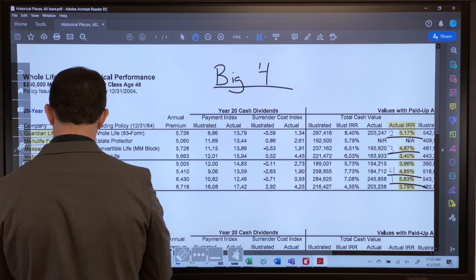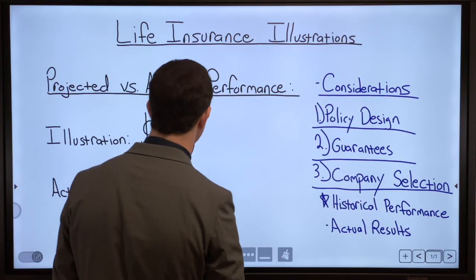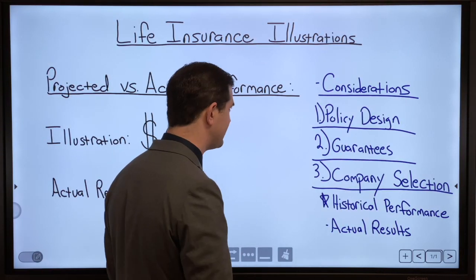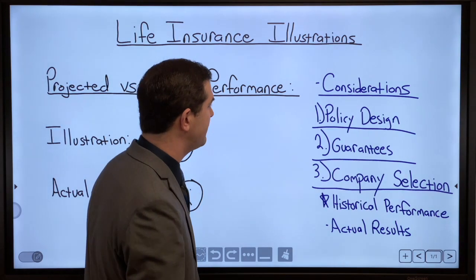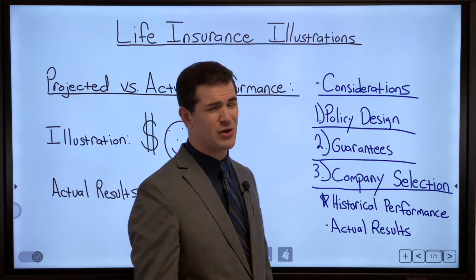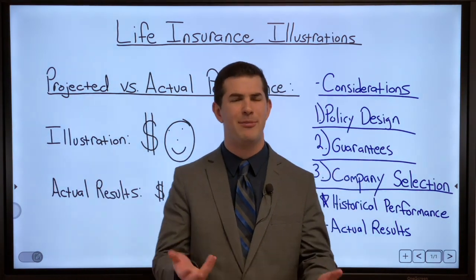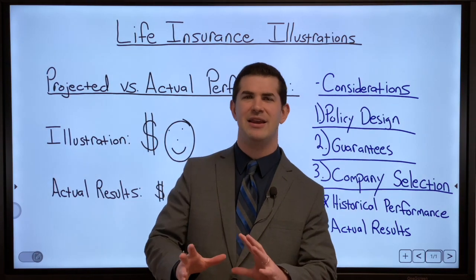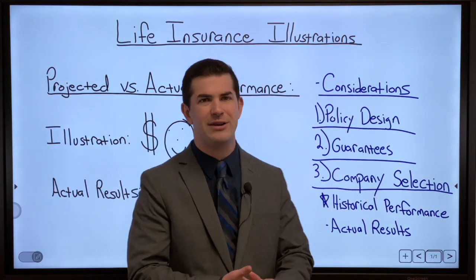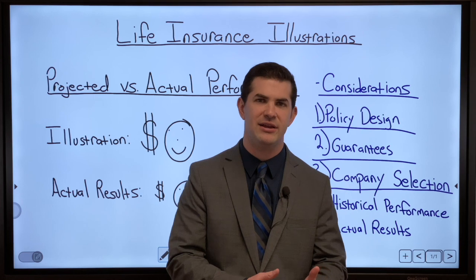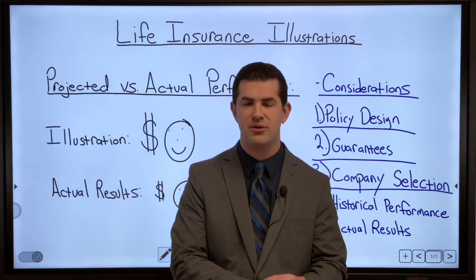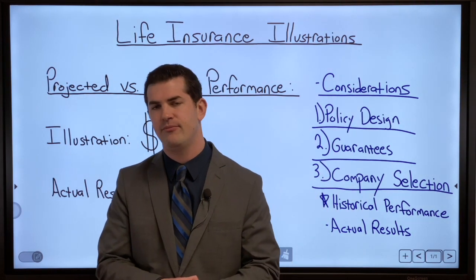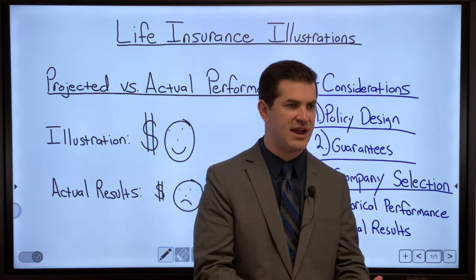So let's look at all this here. We'll go back to our main things to consider. Policy design: you can design a policy for maximum cash value with most companies. Some have limits on their premium and PUA allocation, but you can design them for optimal cash. Guarantees: we do want to look at the guarantees. Company selection: what have they actually done? Who's going to produce the strongest cash values?